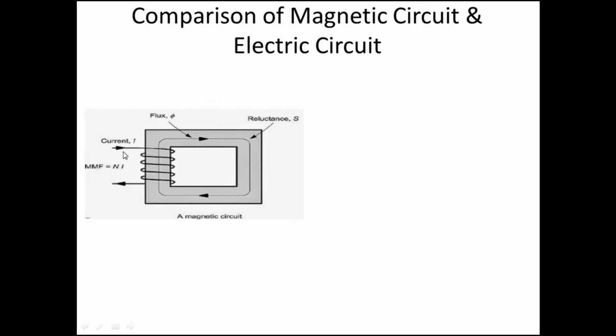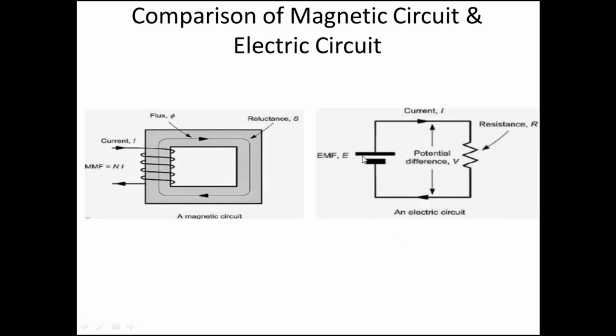If you are looking here, an MMF is there, and because of this, flux is flowing through the magnetic path or magnetic material, the core material, and S is the reluctance which is opposing this flux. Comparing with the electric circuit, it is analogous.